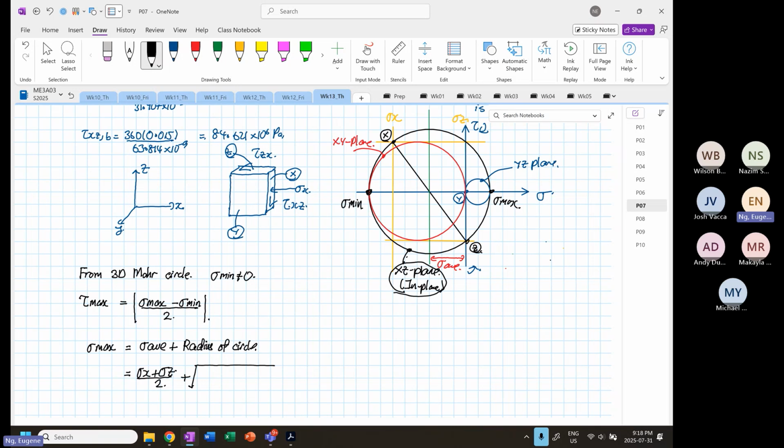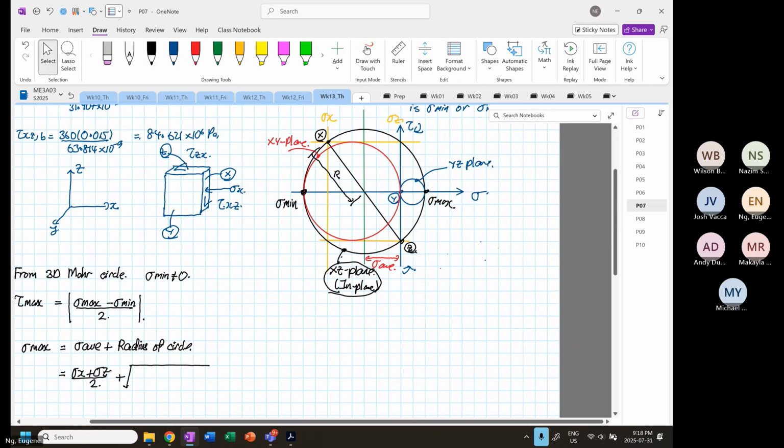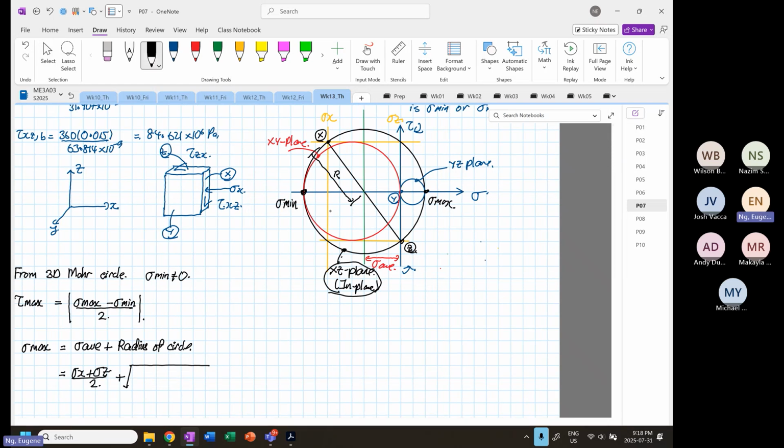Then after that, radius of circle plus, you have to square root. So the radius of the circle, we want to find this radius. The only way to find this radius is you have to know what is this distance, right? So this is stress X minus stress Z divided by 2.